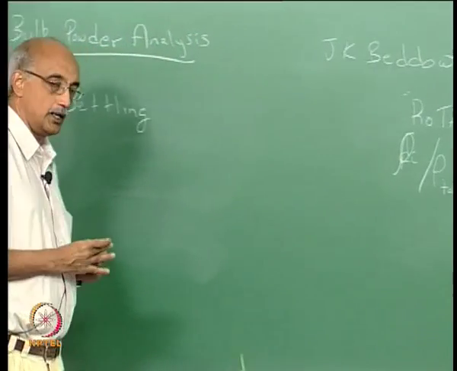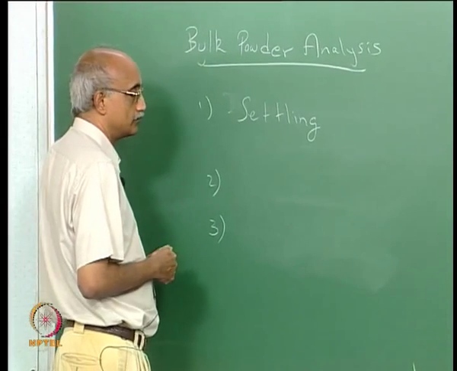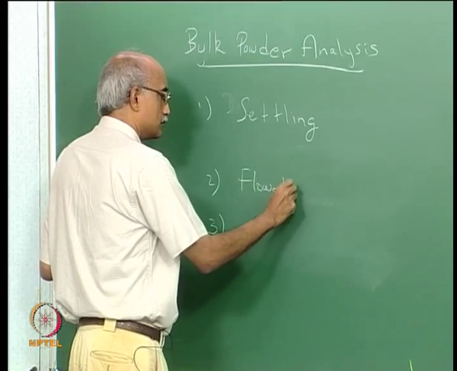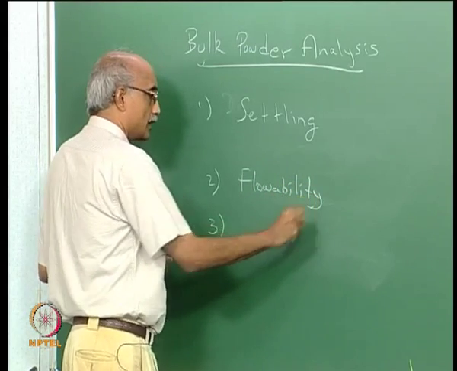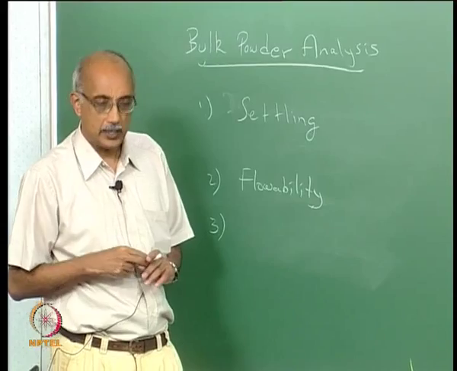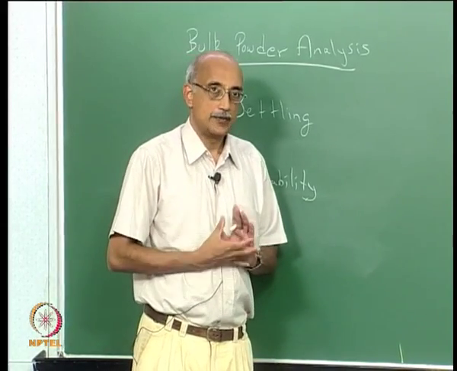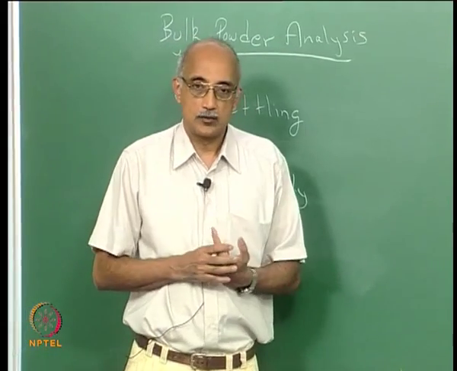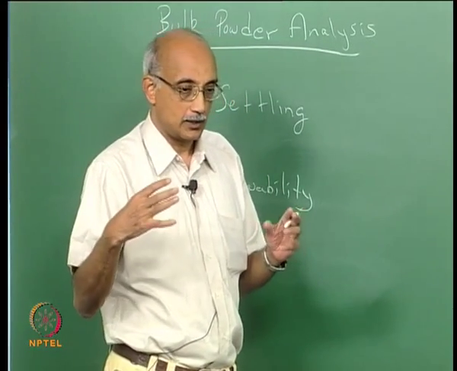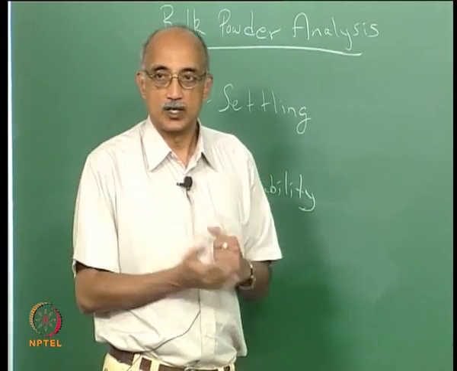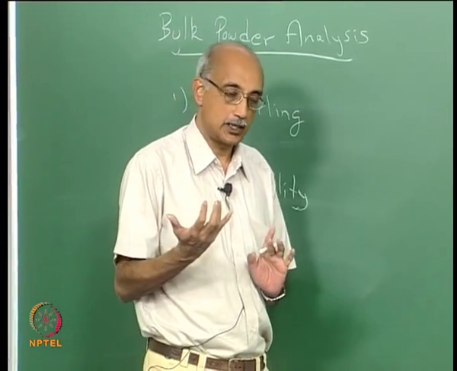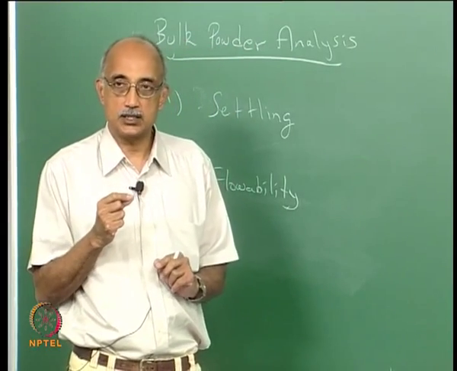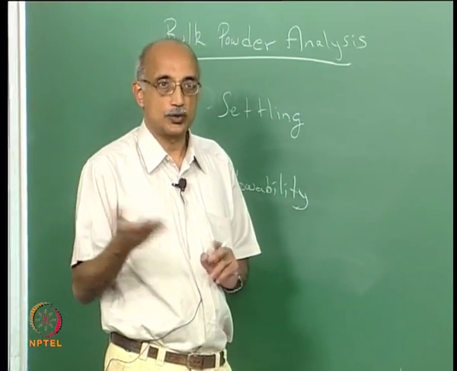The other way that you can characterize shape distribution is by looking at flowability. Here again, what you are taking advantage of is the fact that a highly cohesive powder will flow like a slug or a solid, whereas a powder that is not cohesive, where the particles remain as individual entities, will continue to flow like a Newtonian fluid.